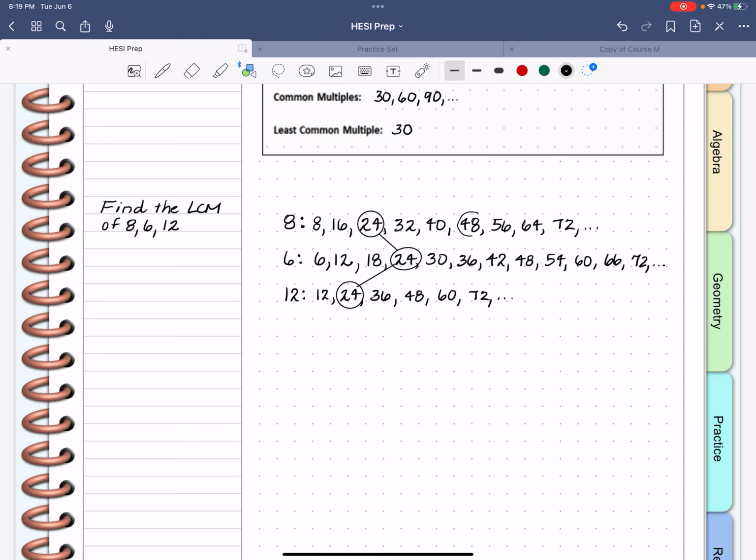All three of them have the 48. And all three of them have the 72. So those are all common multiples. We want the least one of those. So of the ones I've circled here, what's the smallest one? The least common multiple is 24.